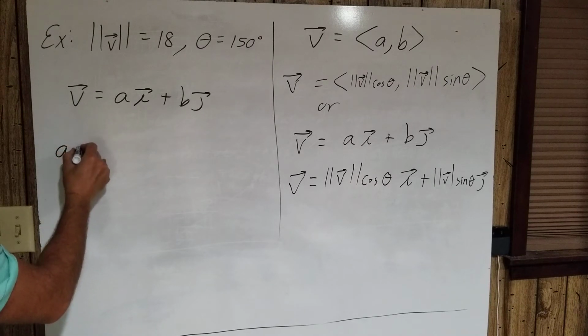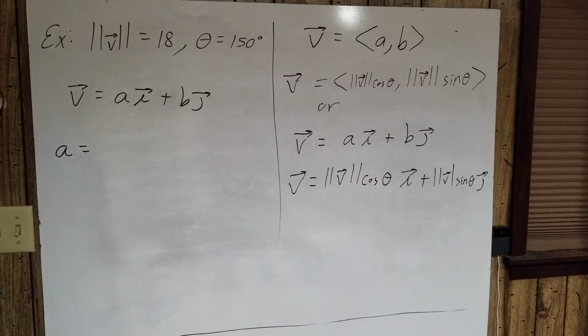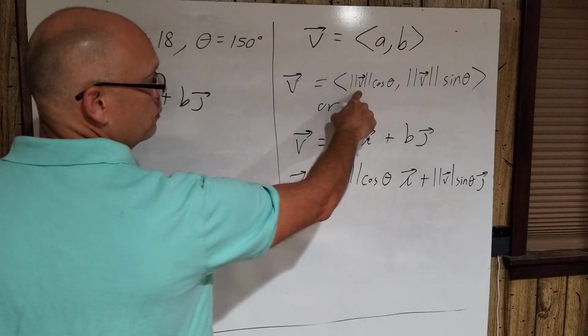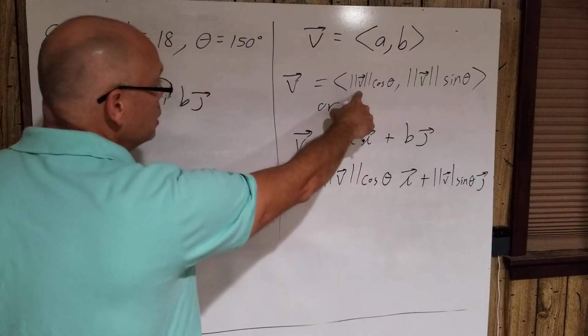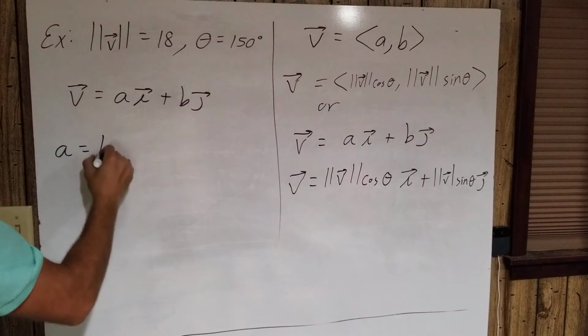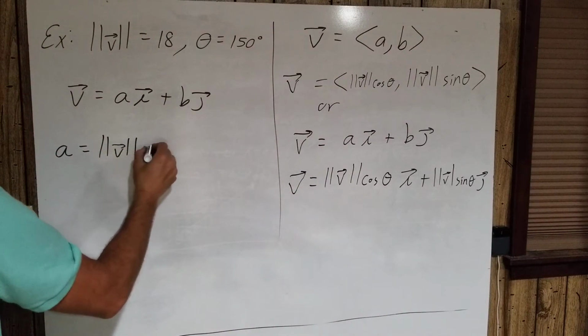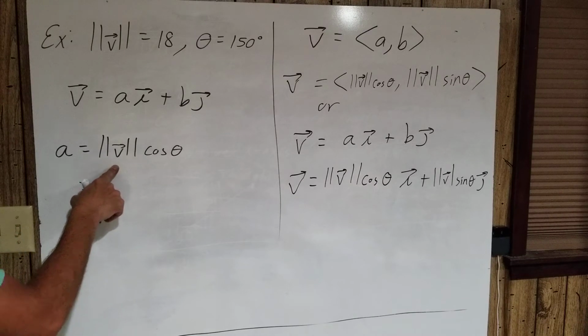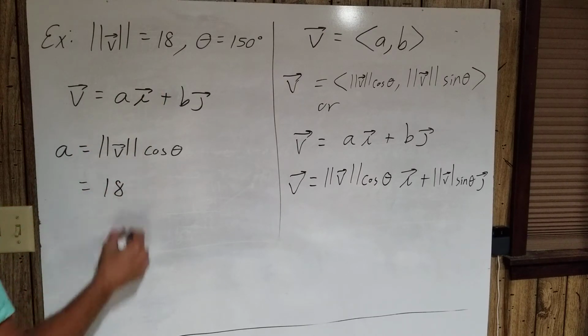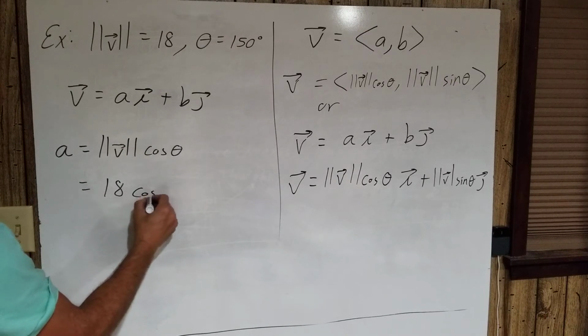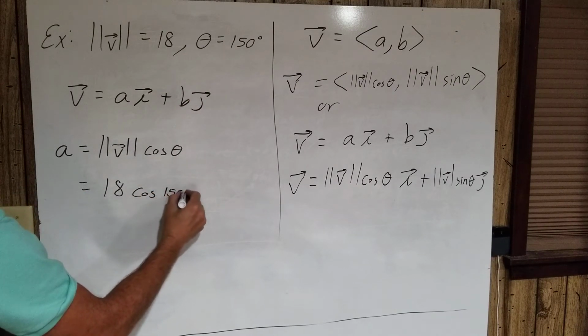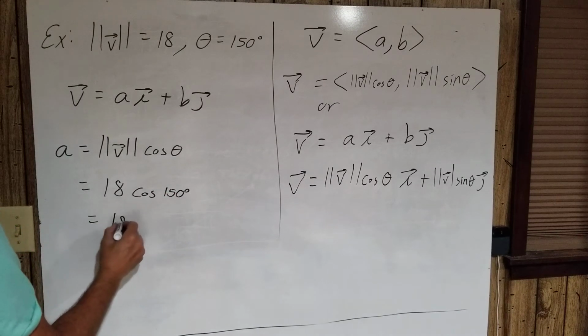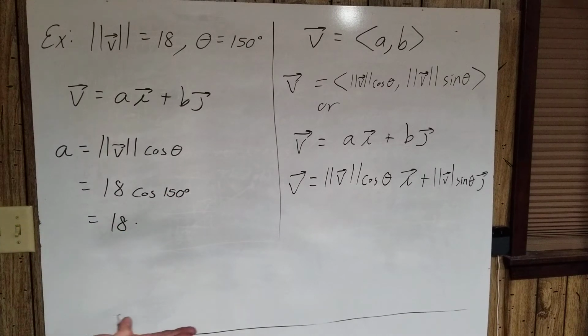How do I find a? What did we say a was equal to? The magnitude of my vector times the cosine of theta. What's the magnitude of v? Oh, how sweet, they give that to us, 18, times the cosine of theta, which is 150 degrees. Now think of 150 degrees.